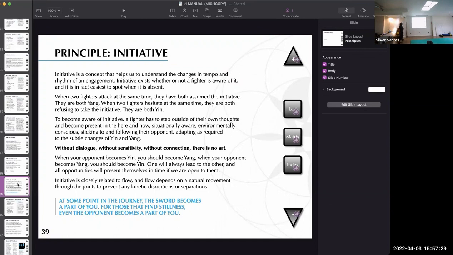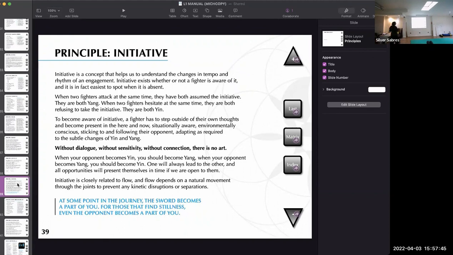When two fighters attack at the same time, they have both assumed the initiative. They are both yang. When two fighters hesitate at the same time, they are both refusing to take the initiative. They are both yin.